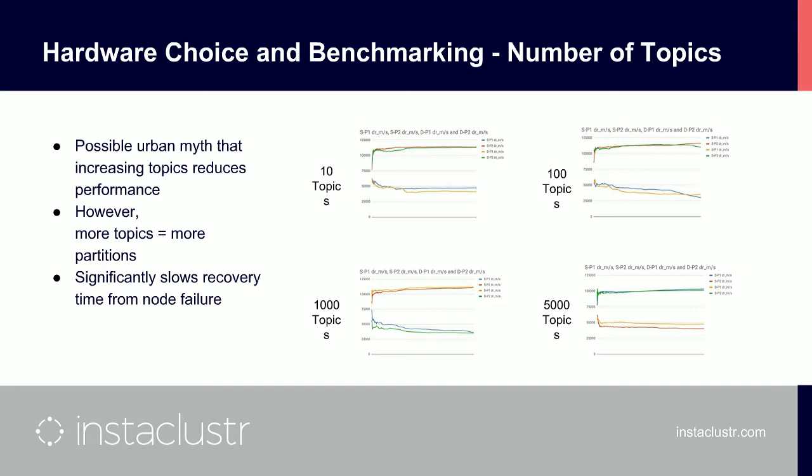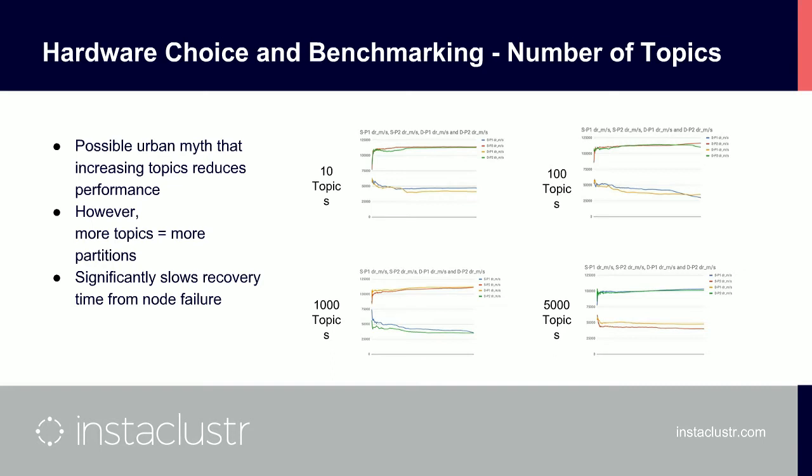So we did a bunch of testing with different numbers of topics to see whether that actually reduced throughput, and certainly in our testing we didn't see any significant drop in throughput as we increased up to the 5,000 topic mark. However, as you get more topics, you naturally have more partitions, and more partitions does lead to a slower recovery time from node failure.